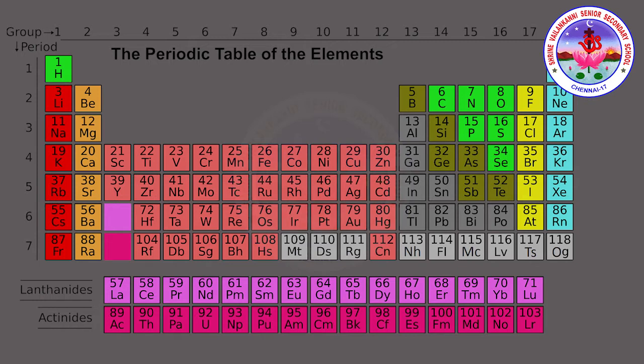The first two groups are called alkali metals, then scandium to zinc, the 3D series, are transition elements. Groups 13 to 18 are called P block elements. Then at the bottom, two series are present, lanthanoids and actinoids. These are called F block elements.